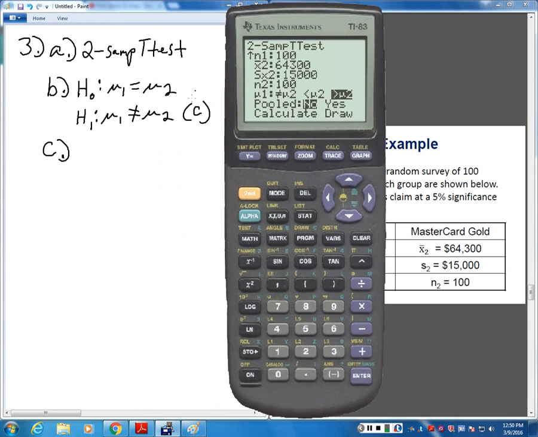On the next line, I'll match up my inequality for this two-tailed test, and I'm asked if I would like to pool.